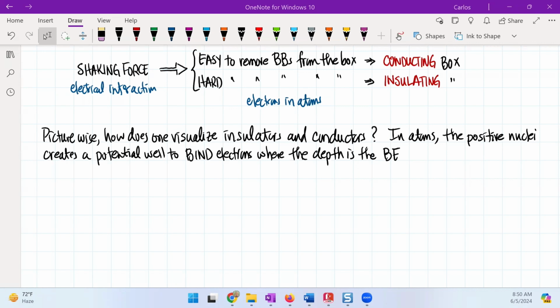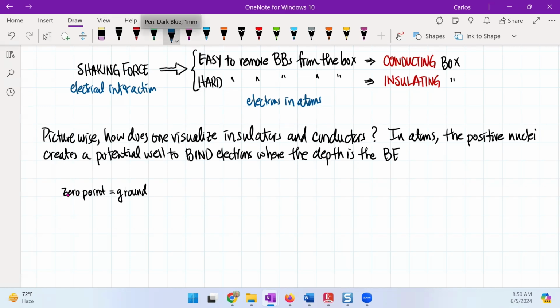Let's define the 0 point. And the 0 point is what we call the ground.